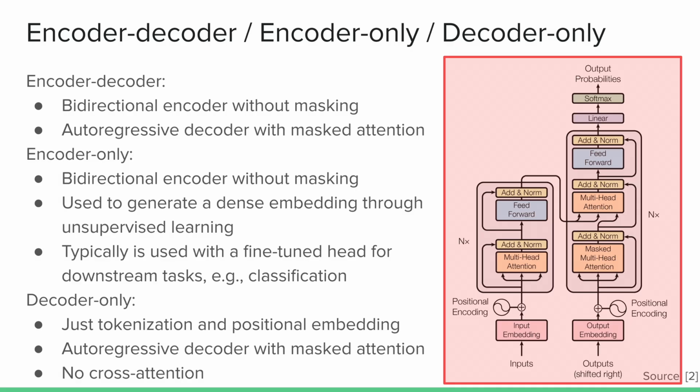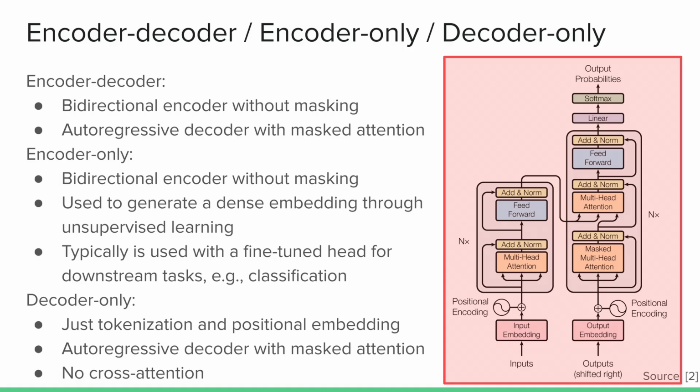We have on the left side the bidirectional encoder without masking, where all inputs are connected to all other inputs. And then we have our autoregressive decoder on the right-hand side, which is connected with the encoder through the cross-attention mechanism. This architecture is best suited for machine translation or text summarization.